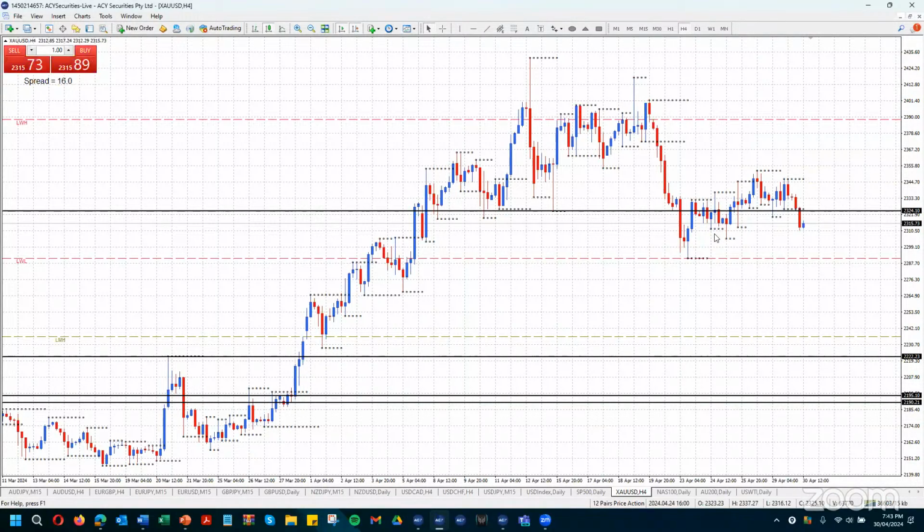So really, it's all going to be governed by the news, this pair or this instrument. At the moment, it's not able to hold above 23.24 with any conviction. But you can see all the lows coming in here and popping it back above. So it's above and below.